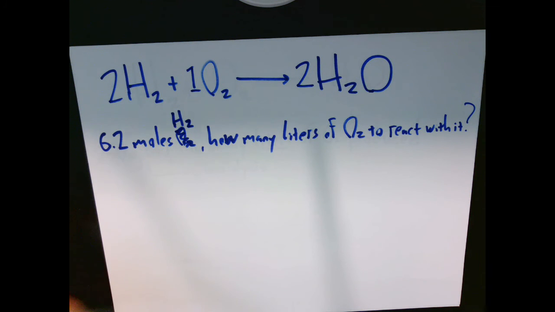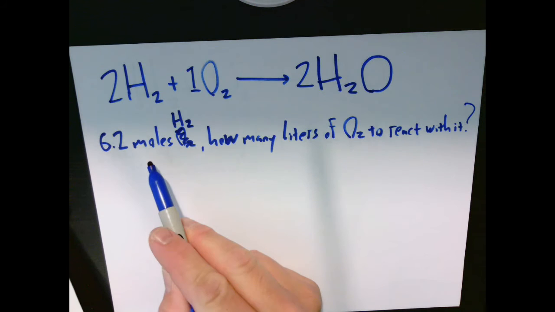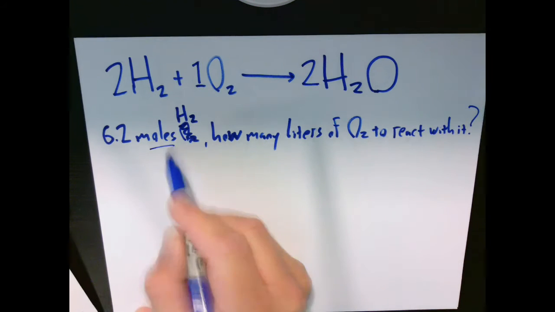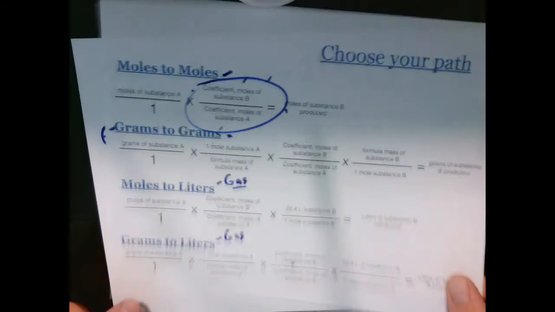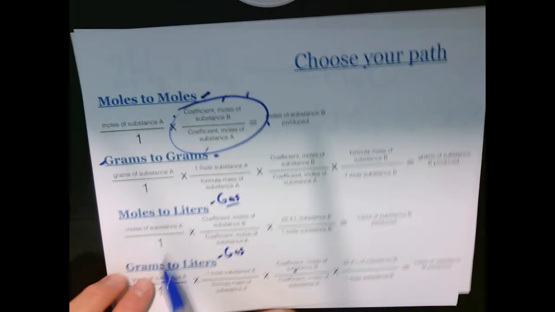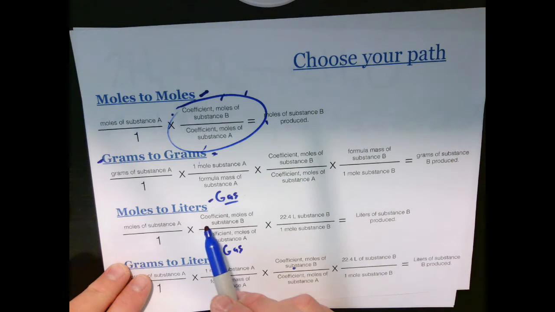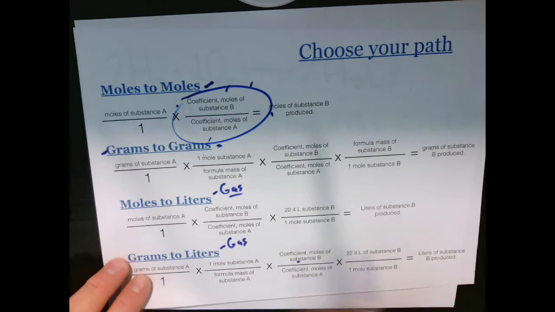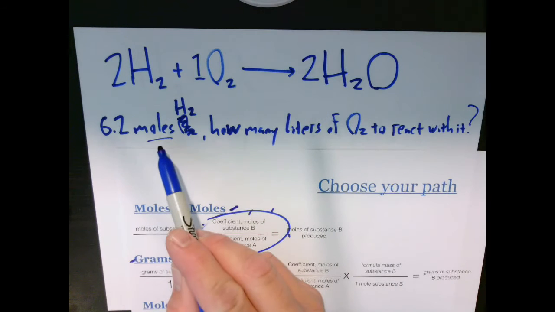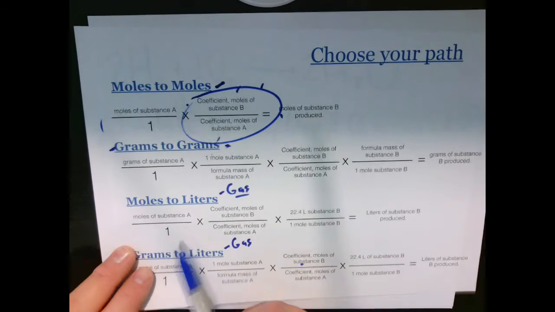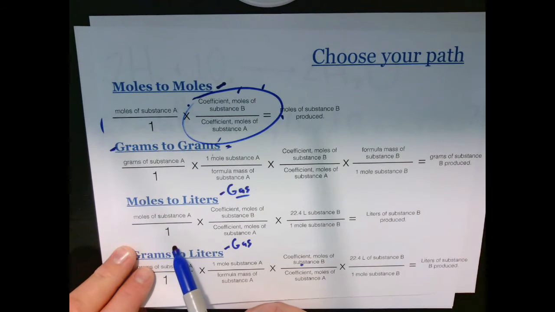Next step are our starting amount, 6.2 moles of hydrogen. It's in moles, so we're good to go, okay? Next step, choose your pathway. I'm given moles, and I want to know liters, okay? So the way we're going to set that up, moles of substance A, which is the hydrogen, we're going to put that over 1, factor label style.